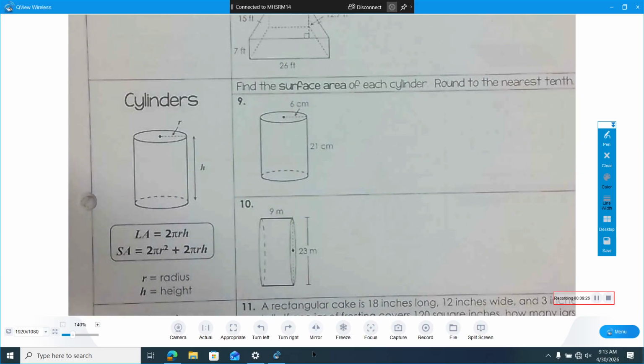Now, a cylinder, what in everyday life, what shape is this where you see it? It's a can, like a soup can or a pop can. So when we talk about surface area, it has 2 parts to it. It has the top and the bottom, which are what shapes?